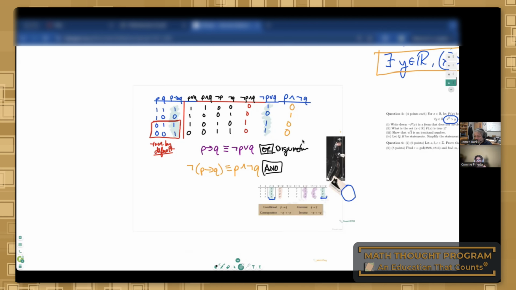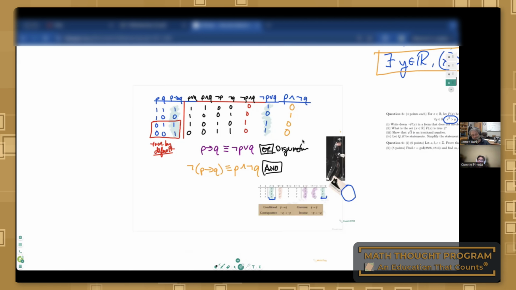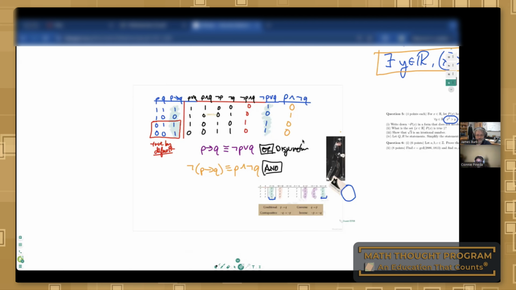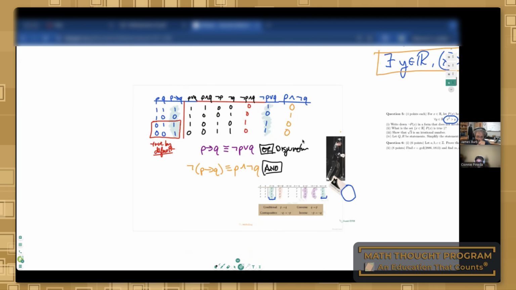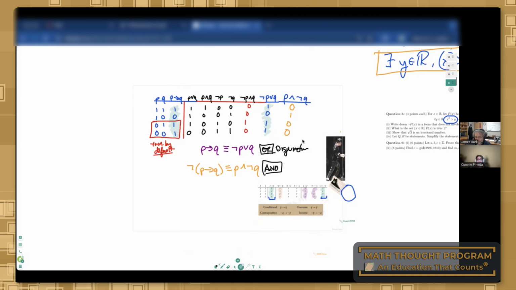Good. So one of the key takeaways is this: when you negate a conditional statement, it's no longer a conditional statement. You turn the disjunction into a conjunction, and you have to be careful with it. As you're looking at your negations, my recommendation is to write it symbolically first.